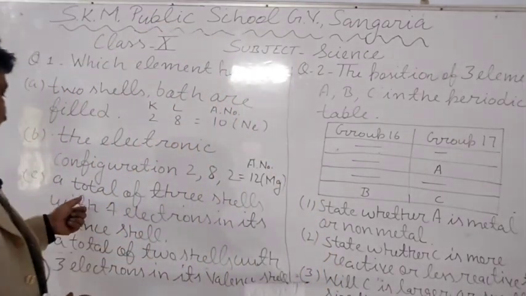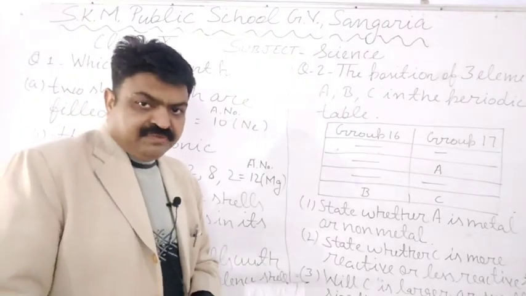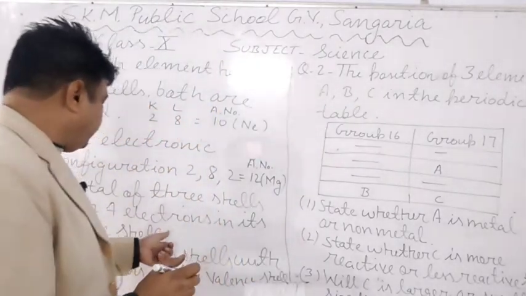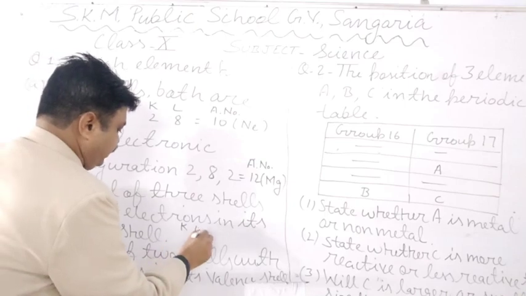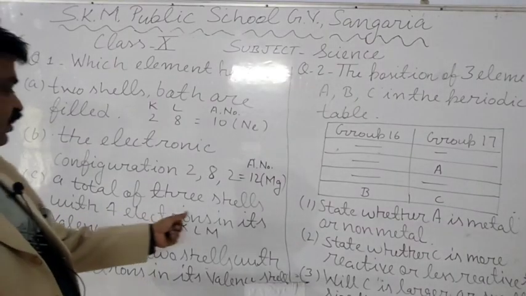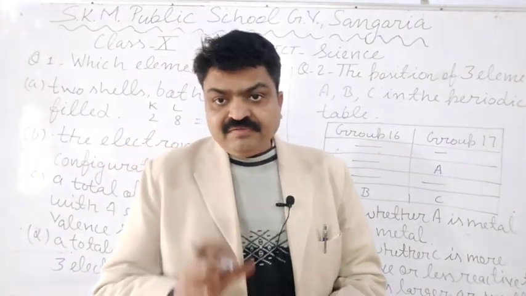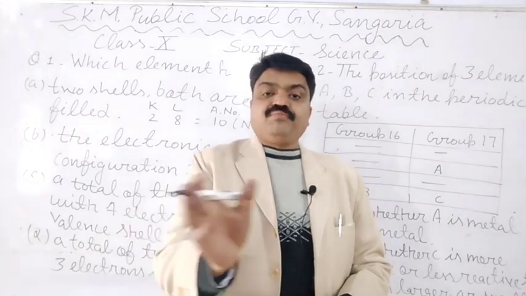Next question is a total of 3 cells, means there are K, L, M cells, with 4 electrons in its valence cell. Now what is the valence cell, student? Valence cell means the outermost cell.